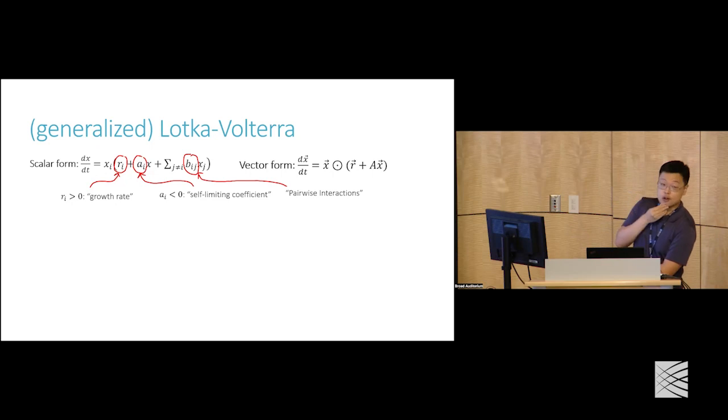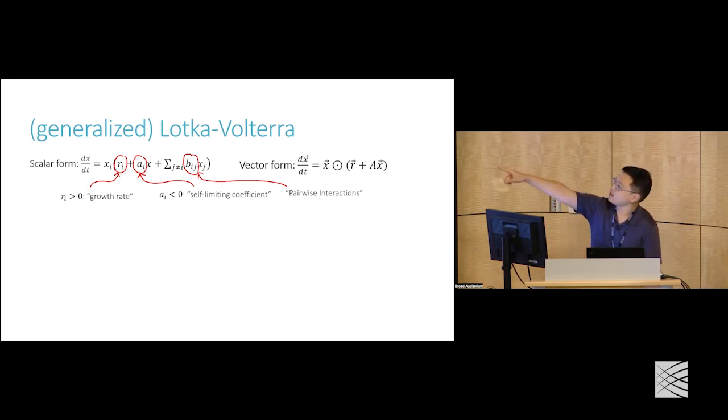And in the literature, we often give names to these. The r sub i's are called growth rates, and when modeling microbiomes, we often assume that's positive. It's an intrinsic component of the organisms or the colony of organisms, where if you just leave them be, they'll grow over time at an exponential rate.